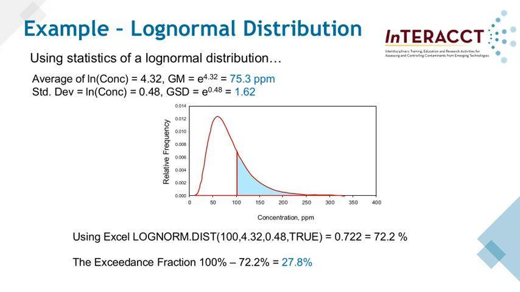Let's analyze this with the more sophisticated approach involving probabilities under the curve of the distribution, as we did before. First, we need to determine the geometric mean and geometric standard deviation. As we have learned, that involves computing the average and standard deviation of the logs of the values. Just to show that it doesn't matter which type of log transformation is applied, in this case I used the natural log, which resulted in an average of 4.32.